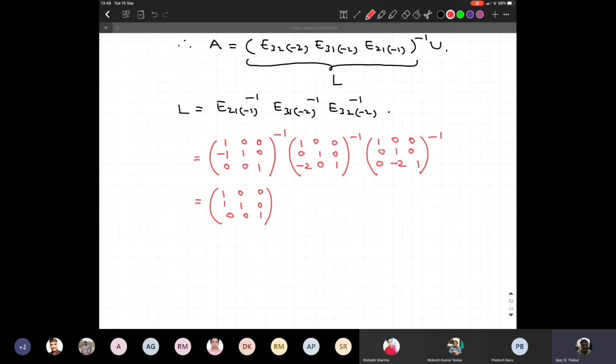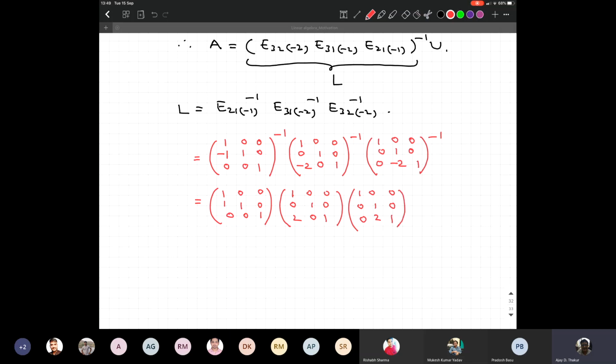Similarly, the second one is going to be 1 0 0 0 1 0, and this is going to be 2 0 1, and the third one is going to be 1 0 0 0 1 0 and 0. Now again there is a sign change.